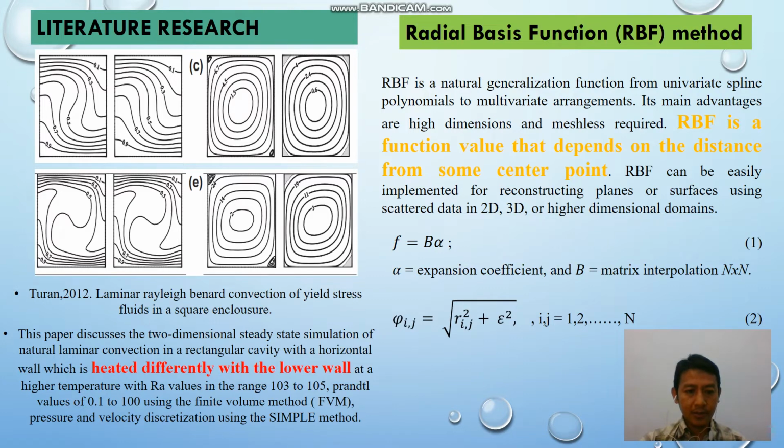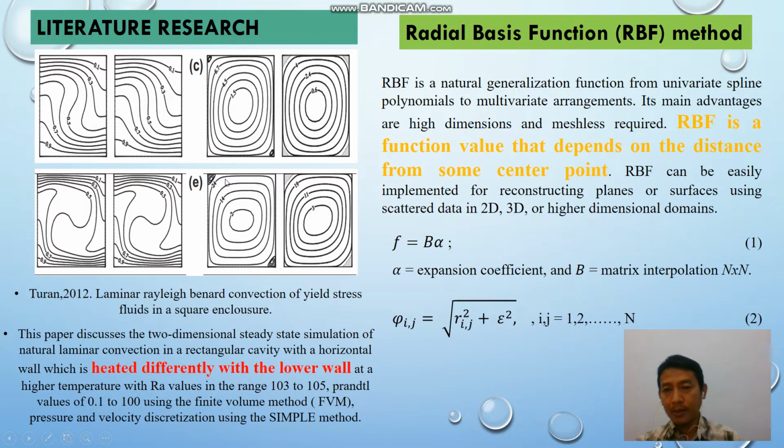This paper discusses the two-dimensional steady-state simulation of natural laminar convection in a rectangular cavity with horizontal walls which are heated differently, with the lower wall at a higher temperature, with Ra values in the range 10^3 to 10^5. The method uses the finite volume method, with pressure and velocity discretization using the SIMPLE method.